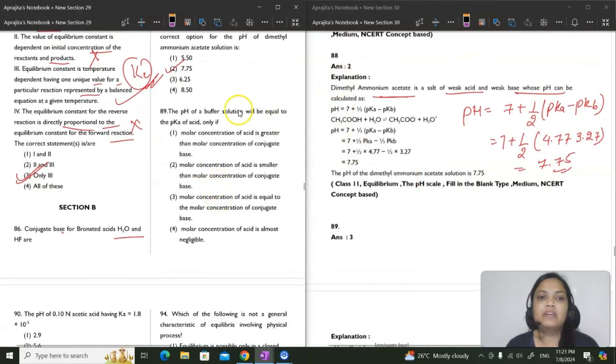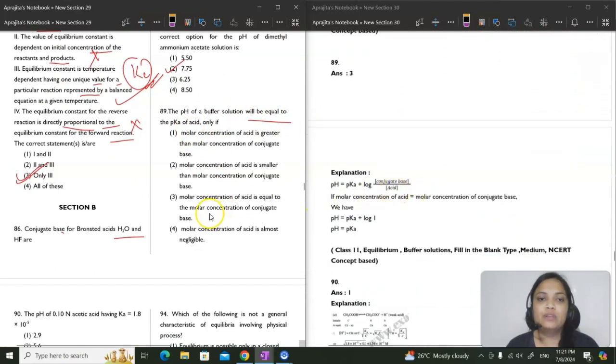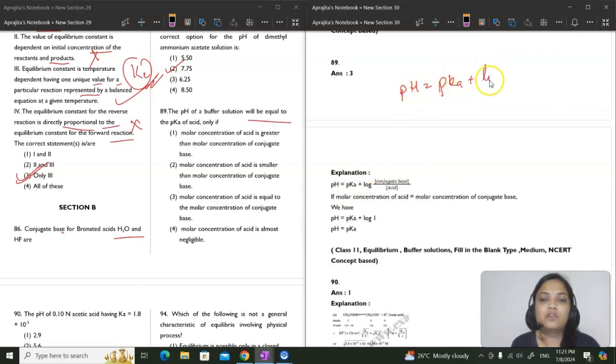Next: the pH of a buffer solution will be equal to the pKa of an acid only. Now see, pH is given by pKa plus log of concentration of conjugate base upon concentration of acid.